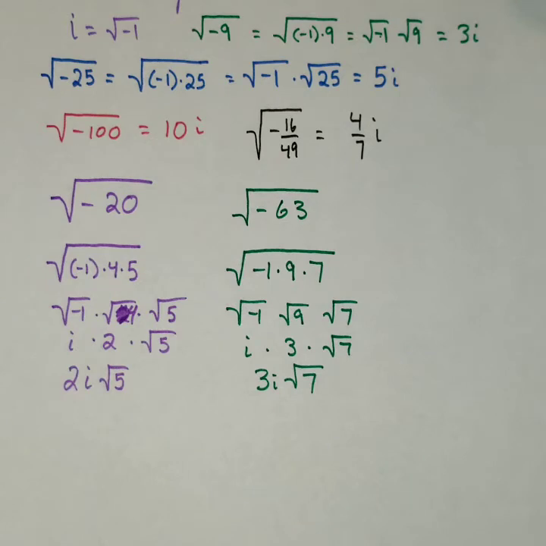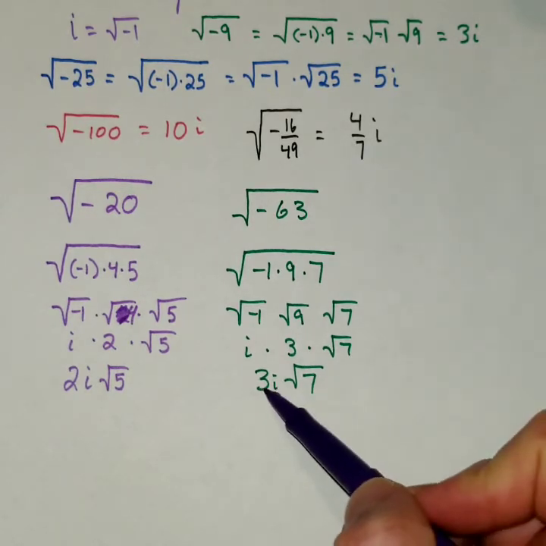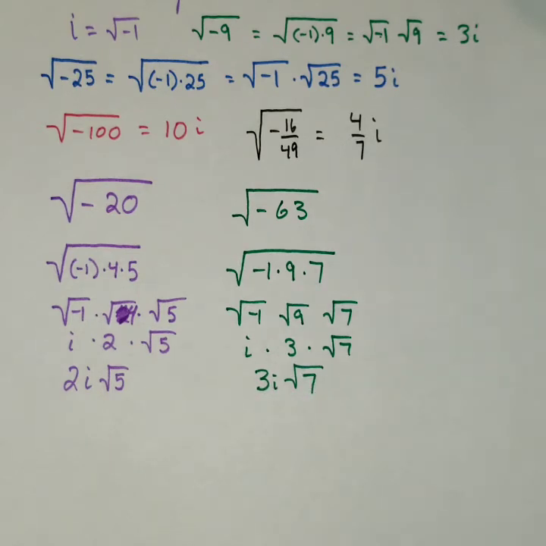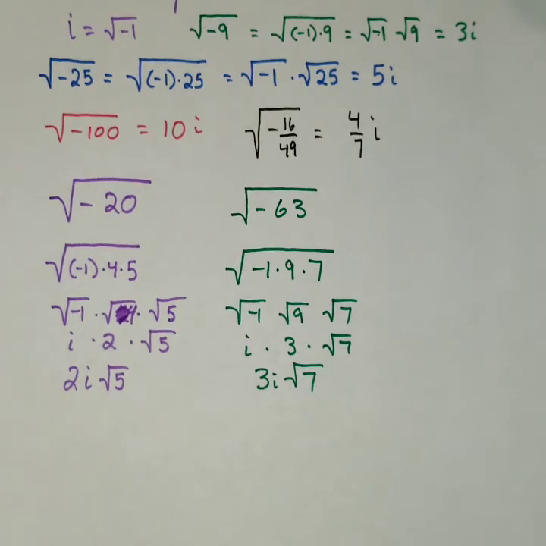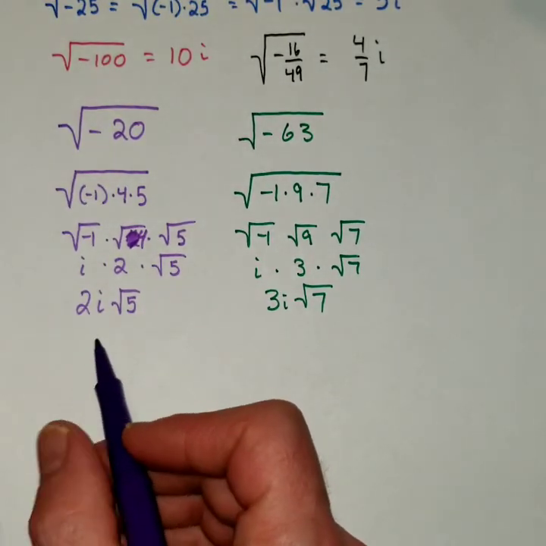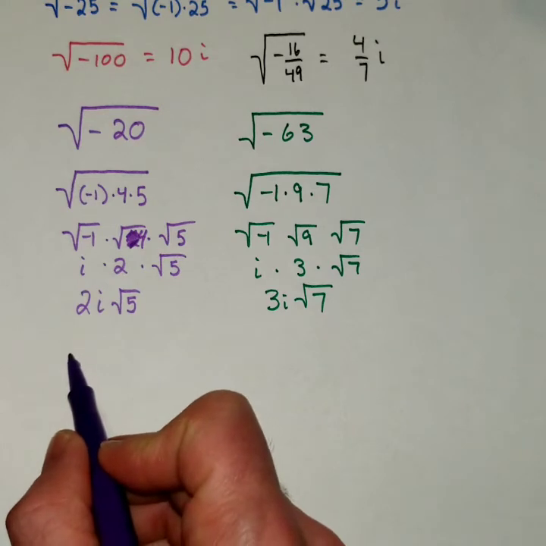Okay, so now what's interesting about this is that you're seeing real numbers multiplied by the imaginary unit, right? 4/7 times i, 3 root 7 times i. The 3 root 7 is just a real number times the i. And so we have two types of numbers. They are imaginary numbers and complex numbers.